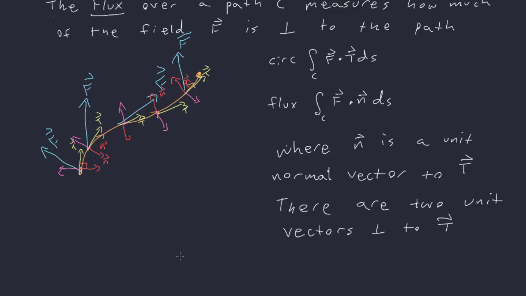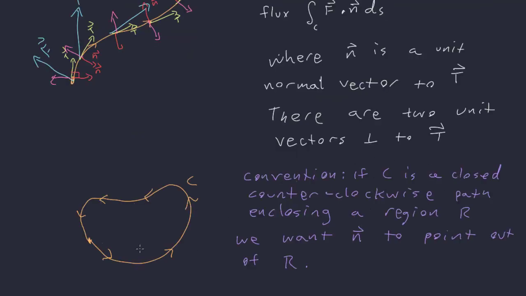To write that down: if C is a closed counterclockwise path enclosing a region R, all the N's should be perpendicular to the path C and pointing out of the path. So we're talking about the outward unit normal.